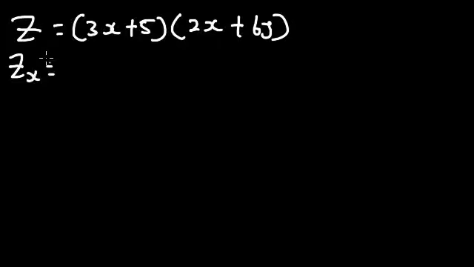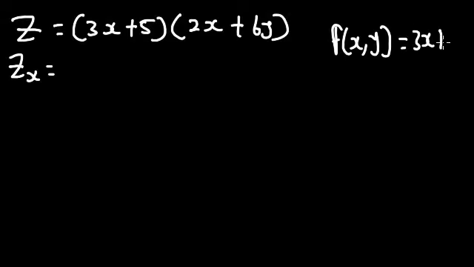To keep things straightforward for you, here's what I would recommend. First thing first, identify your f and your g. So if our f of x, y is equal to 3x plus 5, then our g of x, y would be equal to 2x plus 6y.